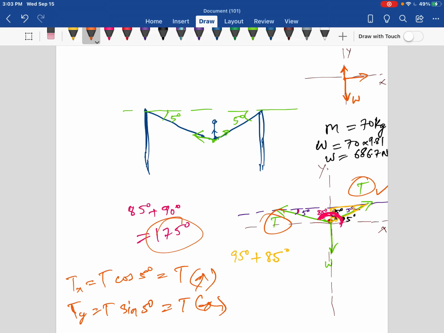Now let me solve this a little bit. Cosine 5 degrees, I have a value of 0.996. Don't forget it has to be multiplied with T, so I just wrote that over there. Sine 5 degrees is almost going to be 0.